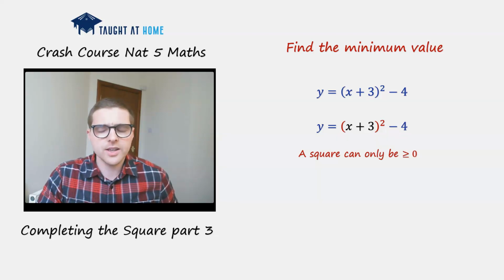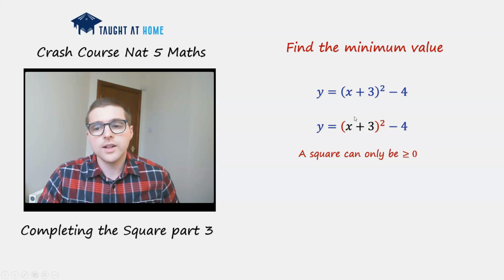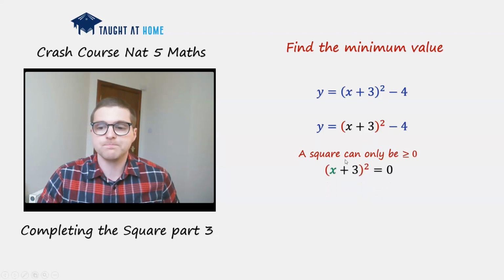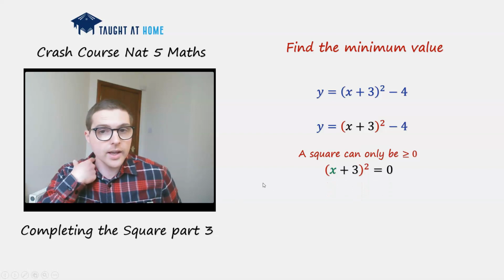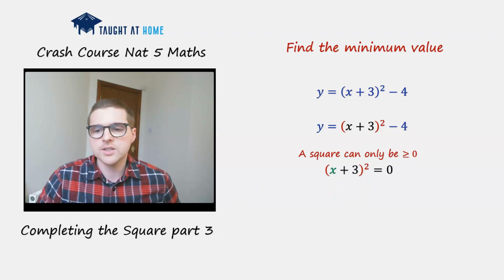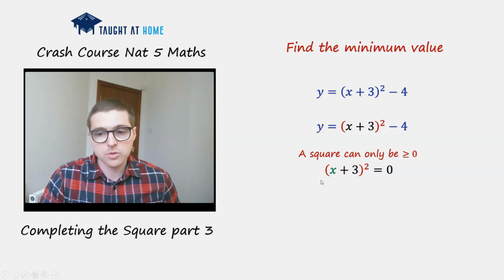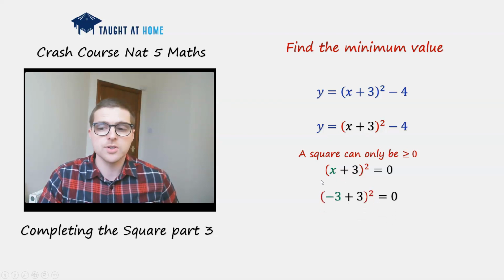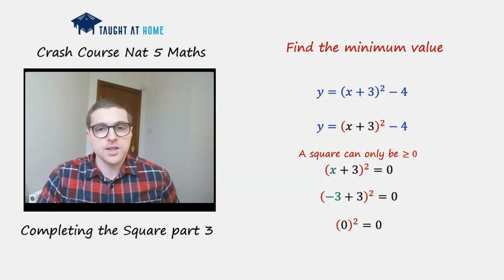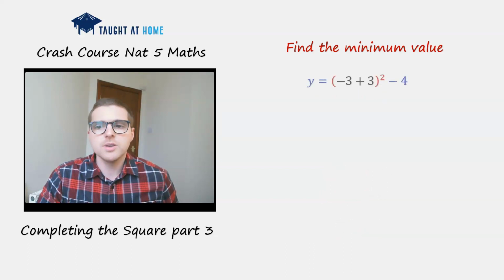So the trick here is to find out what value of x would make this whole bracket term equal to 0. Okay, so what we want is x plus 3 equals 0, and that must mean that minus 3 plus 3 would be 0. So x is minus 3. So the minimum value occurs when x is minus 3.